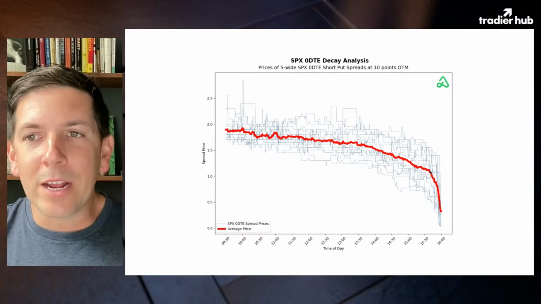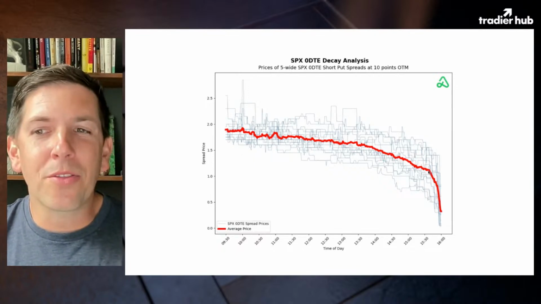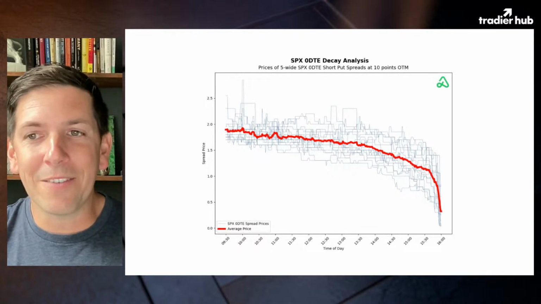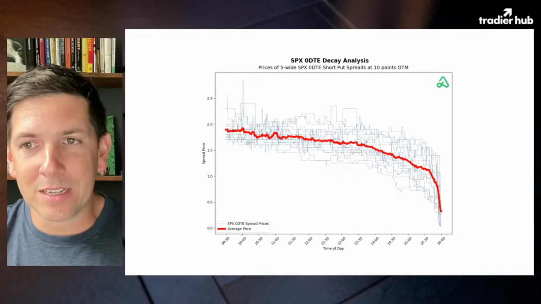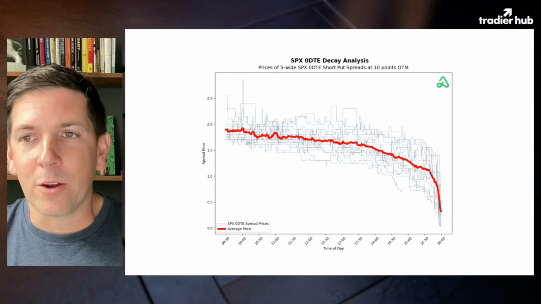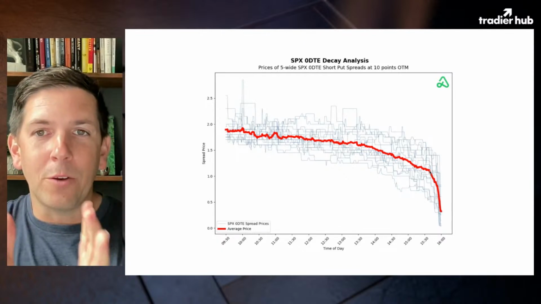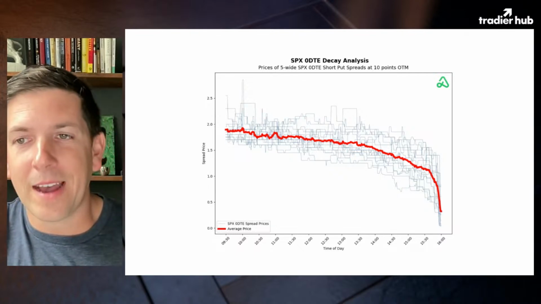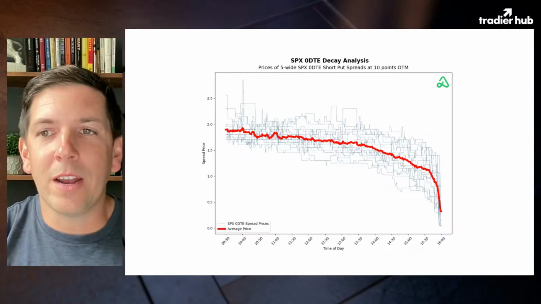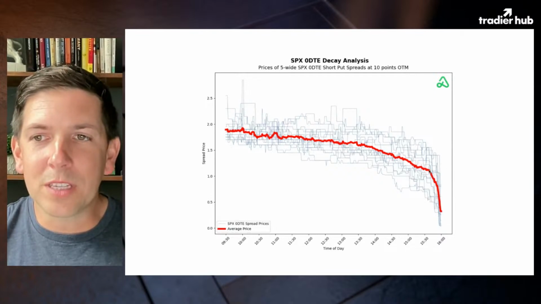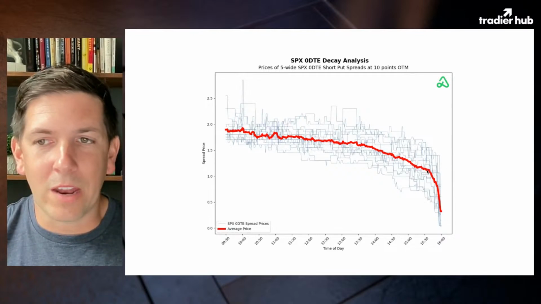Then you get accelerating decay, but it's really not until about 3:30 or so that you get that really fast, highly aggressive decay that starts to materialize. This was pretty evident here, where things went from sort of decay to mega decay, crazy fast decay around 3:30 in the afternoon. This is the drop-off that you see visually in the chart, where the decay of the position just falls off a cliff.